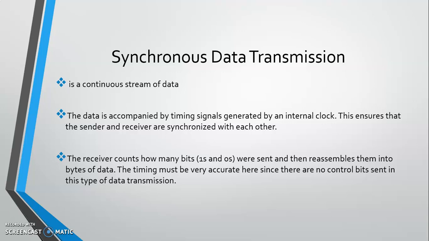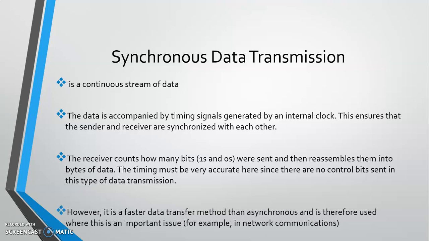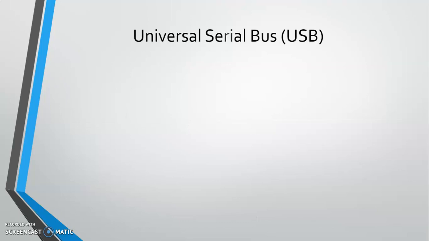The timing must be very accurate here since there are no control bits sent in this type of data transmission. However, it is a faster data transfer method than asynchronous and is therefore used where this is an important issue, for example, in networking communication.